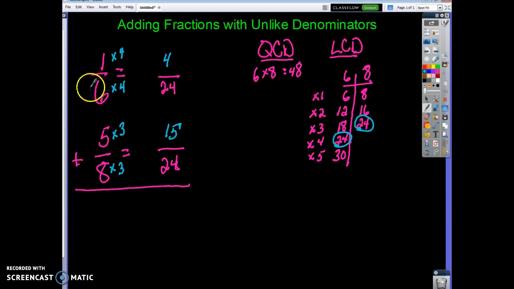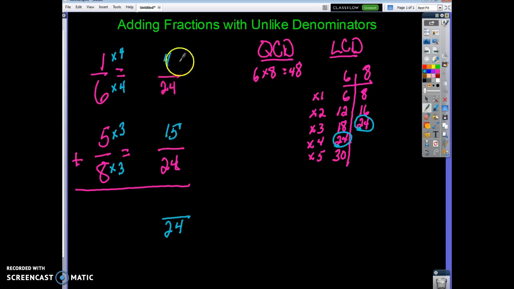Now that I have common denominators, I can go ahead and add these two fractions. Because remember, guys, just like we said yesterday, you can never add fractions that do not have the same denominator, which is why we need to find the least common denominator to be able to do that. So now I can just add, and I add only my numerator. My answer is going to be something over 24. My denominator stays the same.